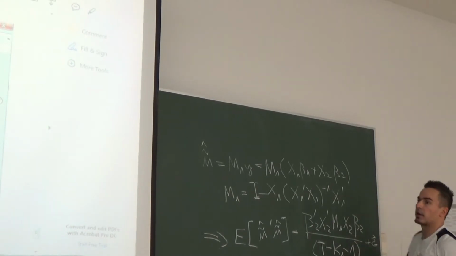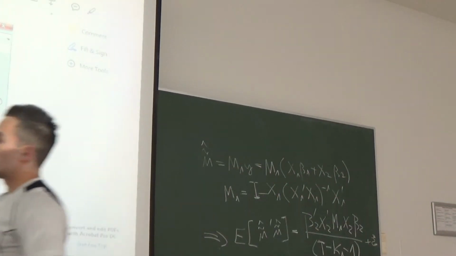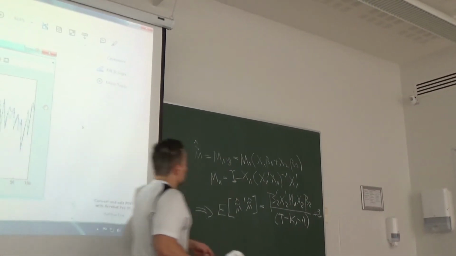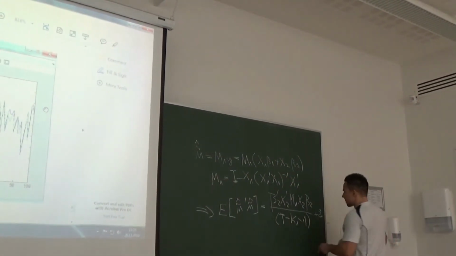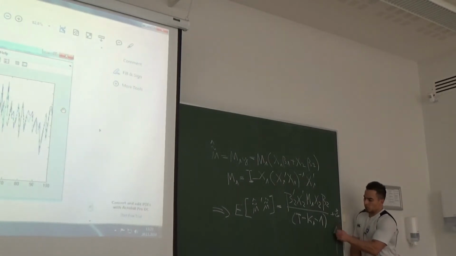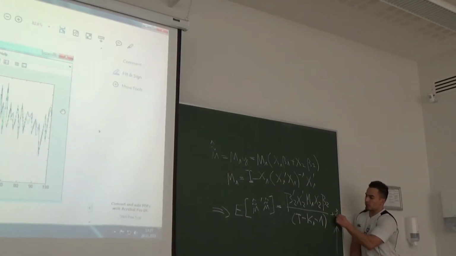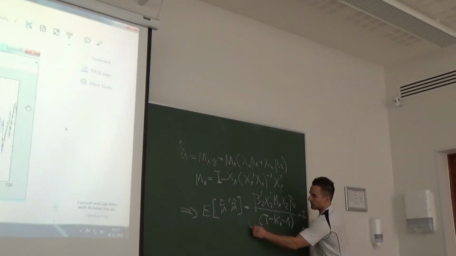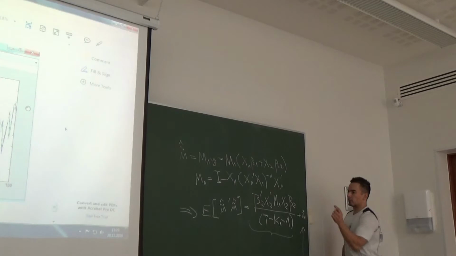And k1 in our case is 2, because we have here 2 variables in the first regressor matrix. So we get a term. We have here the real residual variance, which is sigma squared. And we have an additional term here that biases the estimates.